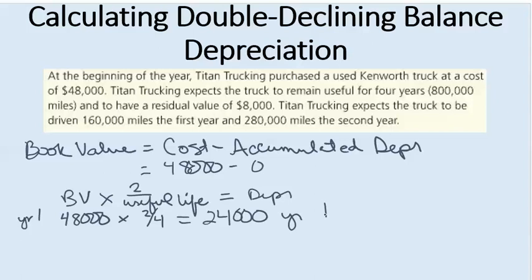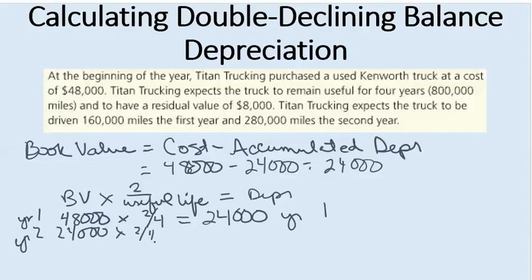Okay, so let's look. What would our book value be now in year 2? We'll take the 48,000 minus this first year's worth of depreciation, 24,000. So my book value now for year 2 begins with 24,000. Same rate, 2 over 4, 2 over the useful life, or 1/2. So that's going to be 12,000 for year 2.